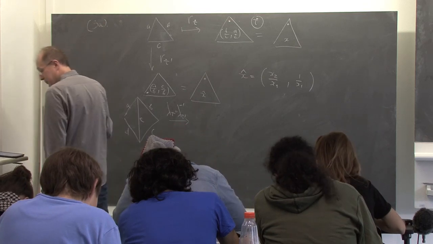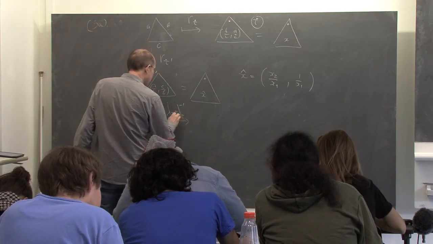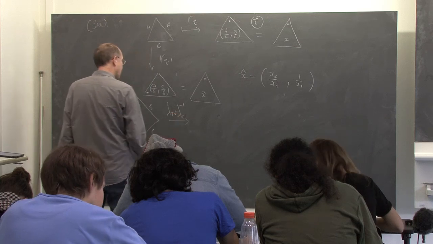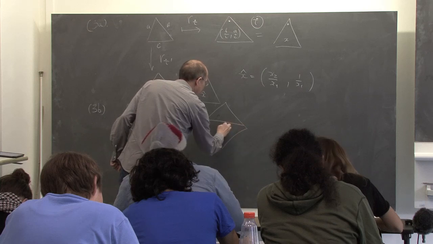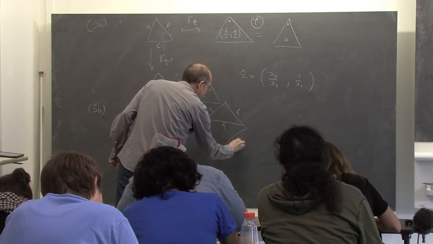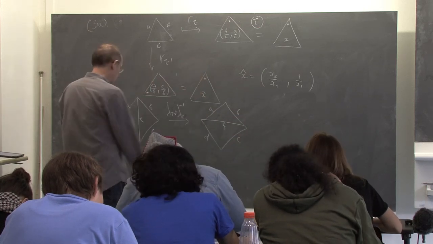Oh, tau prime is here. So then we go here, F, A, B, C, D. So that's what we had in Pender's theorem.